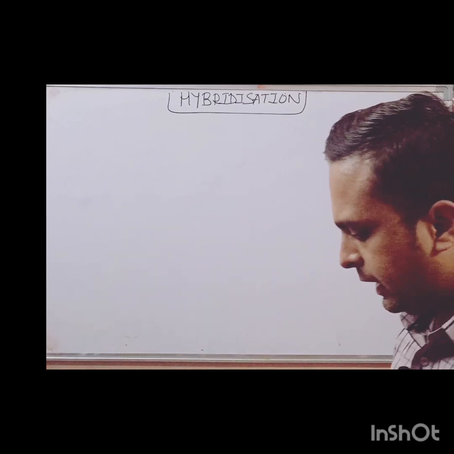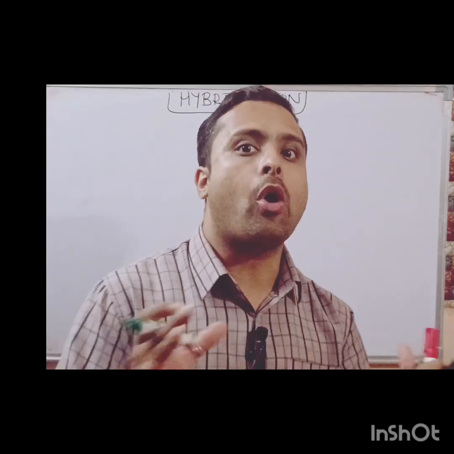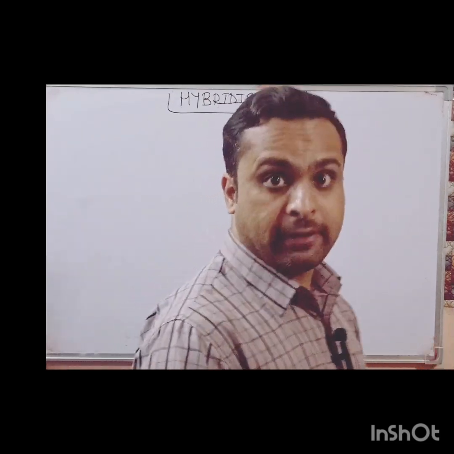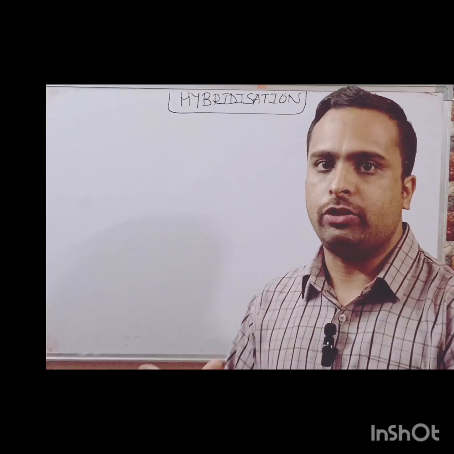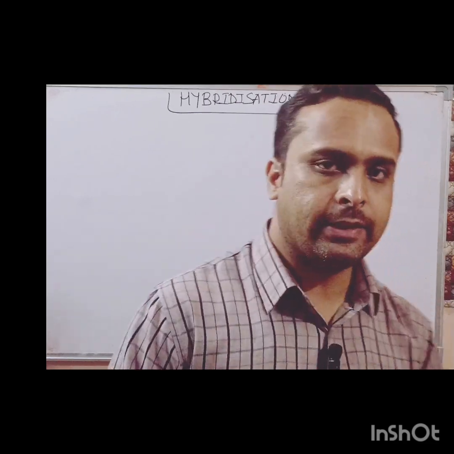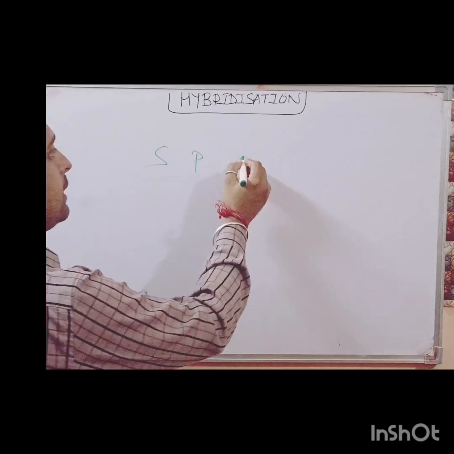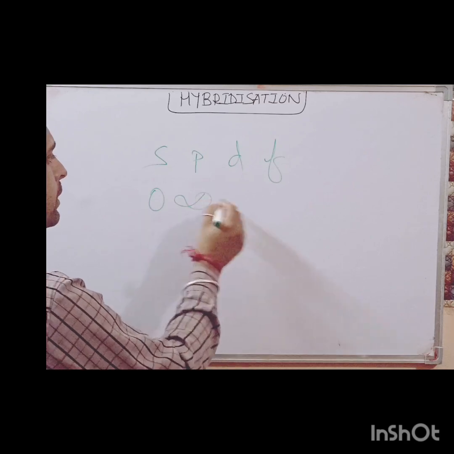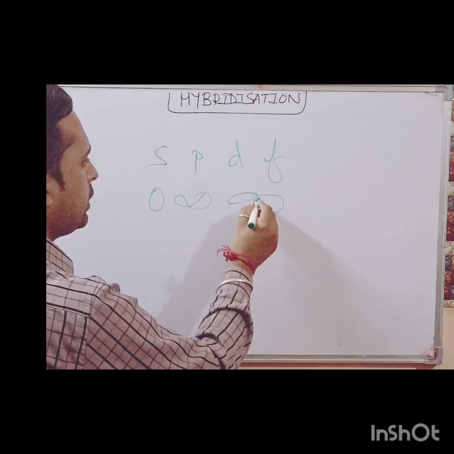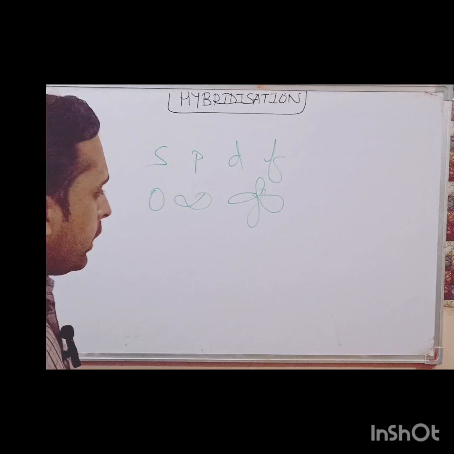What is hybridization? Hybridization is the intermixing of orbitals of different energy in order to get orbitals of the same energy. You've studied that there are certain kinds of orbitals, such as p orbital, d orbital, f orbital. They have their own shapes, dumbbell shape, double dumbbell shape.